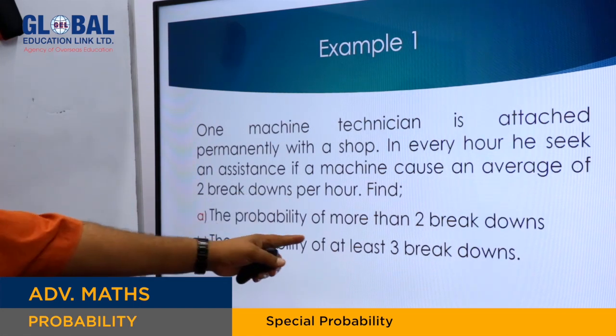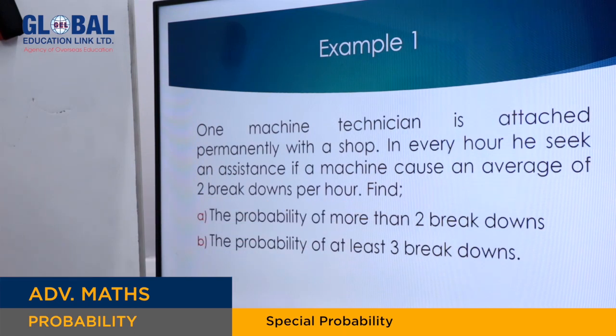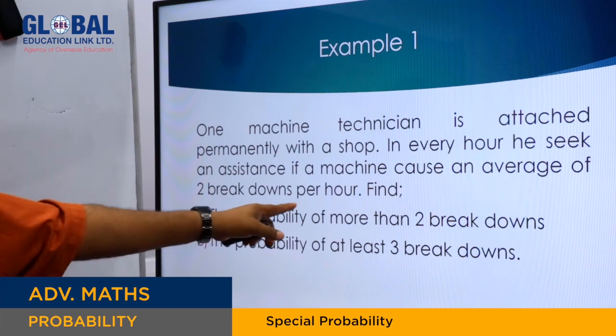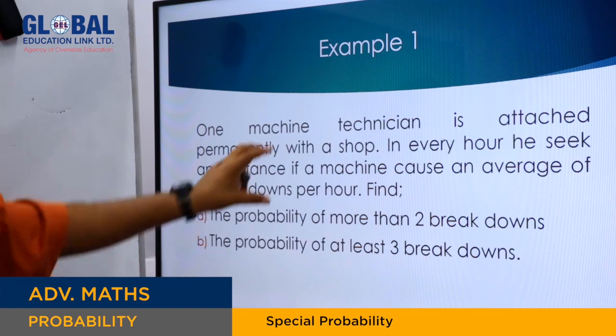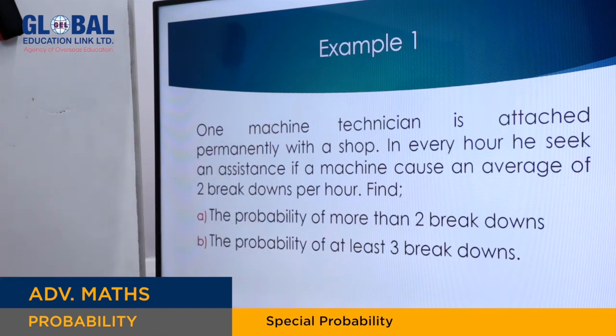Find the probability of more than 2 breakdowns. That is part A. Part B, the probability of at least 3 breakdowns. Now, if you see the question, you are given only one data, which is 2 breakdowns. And this is the mean of the breakdowns.